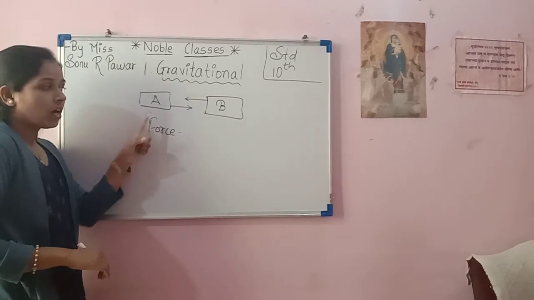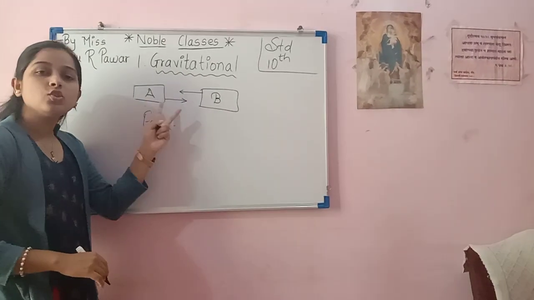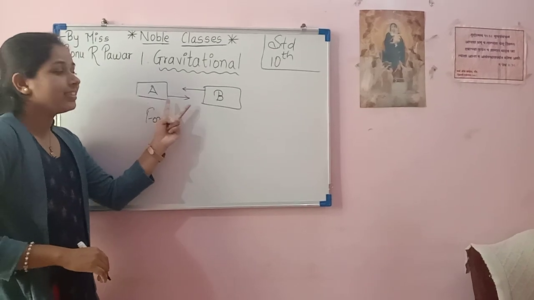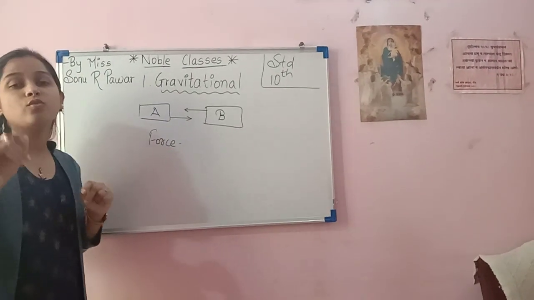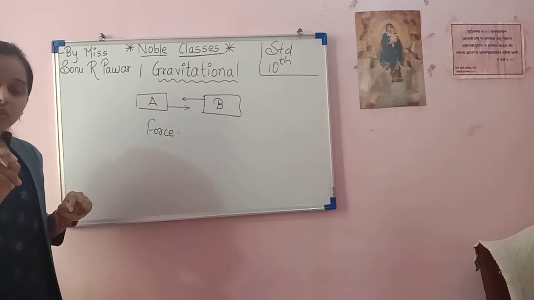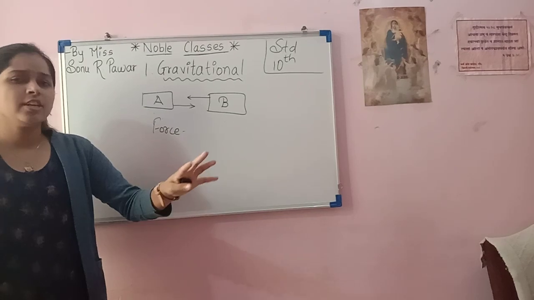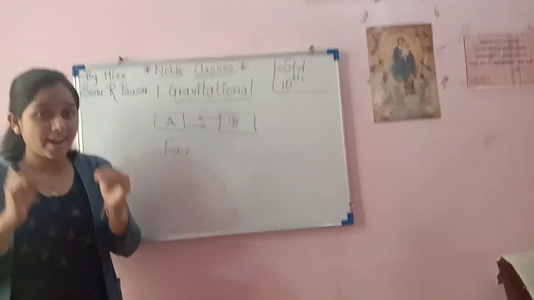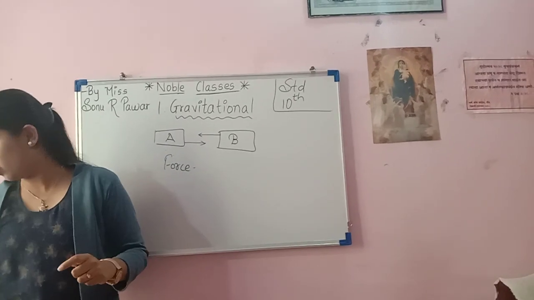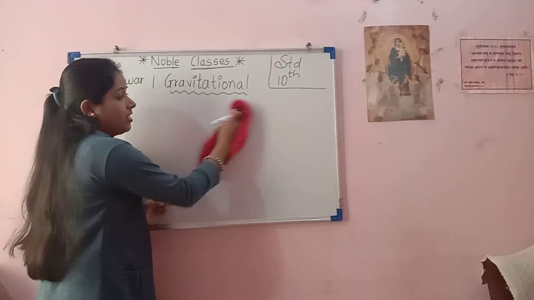Two objects, this is object A, this is object B. These two objects try to attract each other with a certain amount of force, and this force is known as gravitational force. There are many kinds of forces, for example magnetic force and gravitational force, but at present we are going to talk about gravitational force.